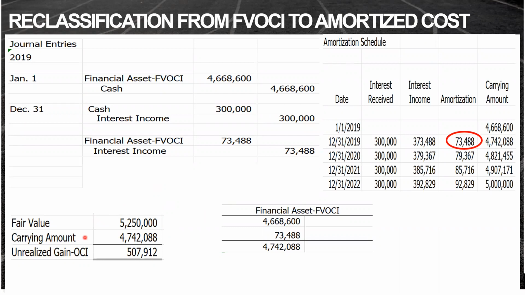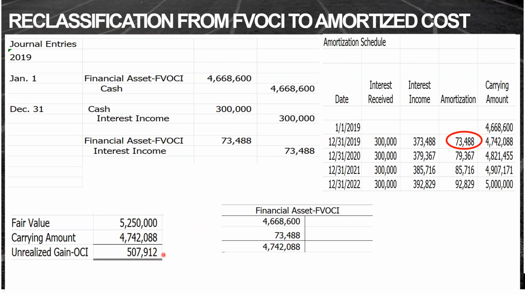Our carrying amount as computed is 4,742,088. If you compare that with the fair value, it appears that we have an unrealized gain in OCI amounting to 507,912. So our fair value is higher compared to our carrying amount.